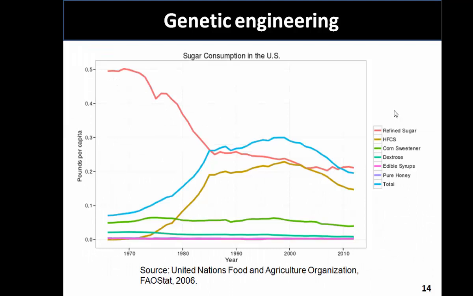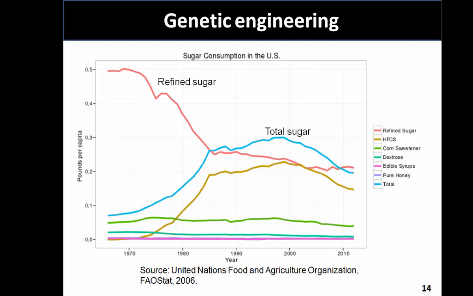Now, when we talk about corn and sugar consumption in the U.S., comparable data do not exist for Canada, so we're going to use U.S. data here. From 1970 through 2010, the per capita consumption of refined sugars decreased considerably and started to flatten out around 2010.